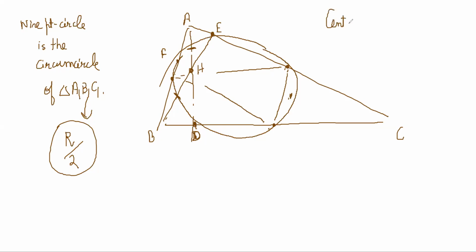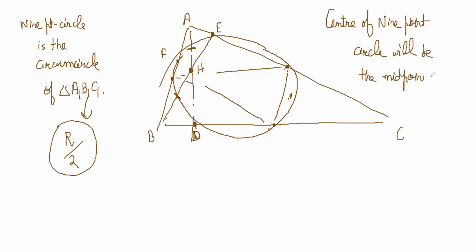The center of the 9-point circle will be the midpoint of OH, when you join the orthocenter and the circumcenter, and this you can try and prove yourself, because I'm sure you can prove it.